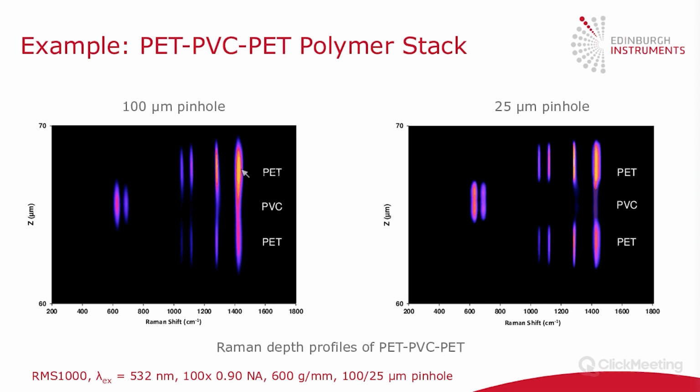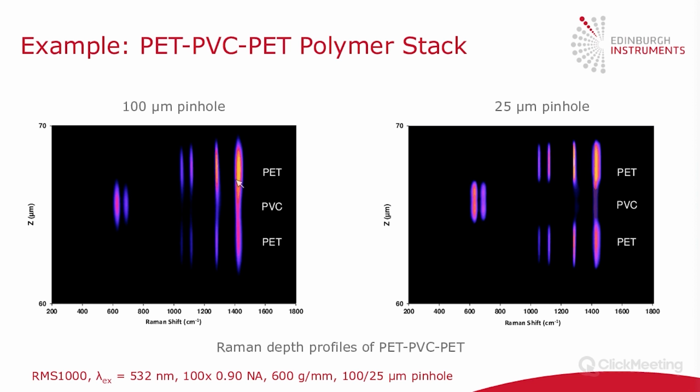So where we have bright color here means you've got a strong Raman peak. And the y-axis of this plot is now the Z depth through the sample. So this is a function of depth in micrometers through this PET-PVC polymer stack.